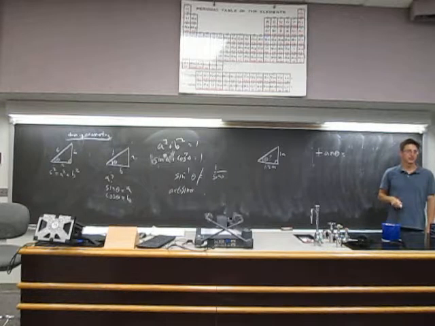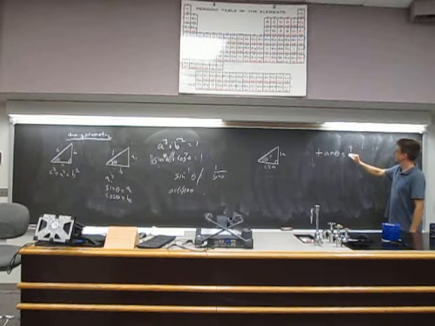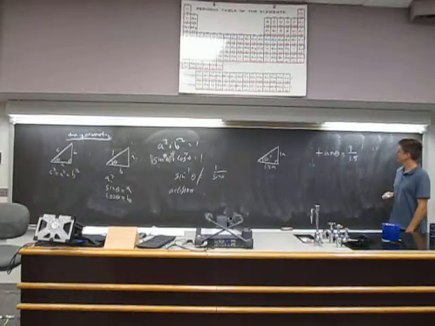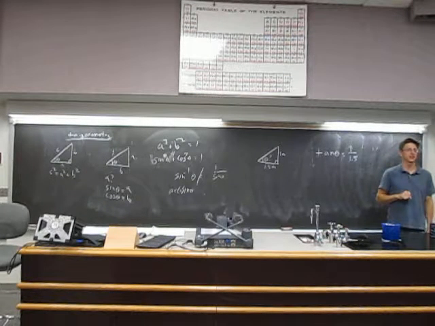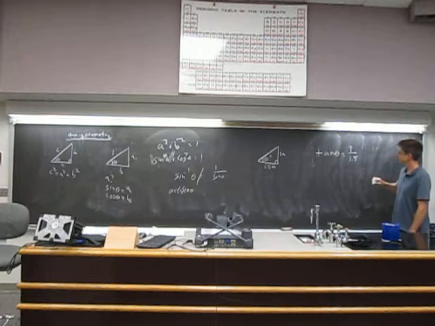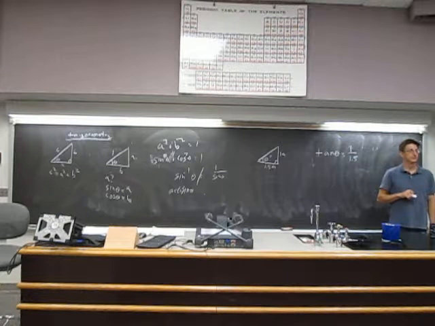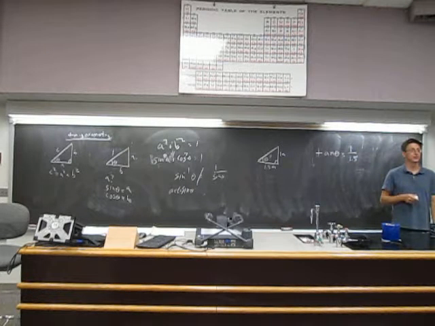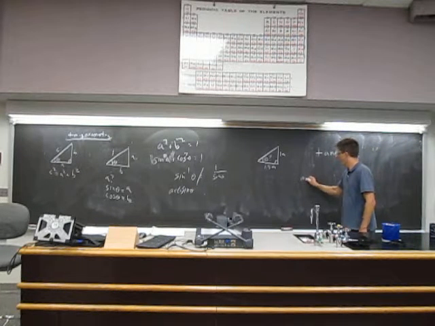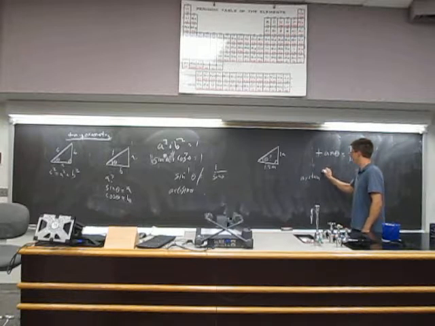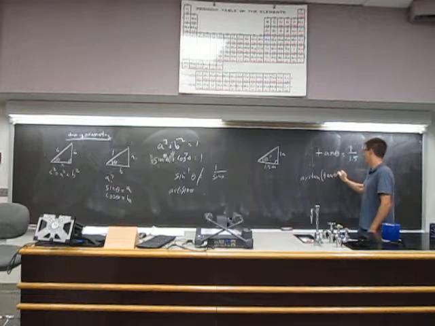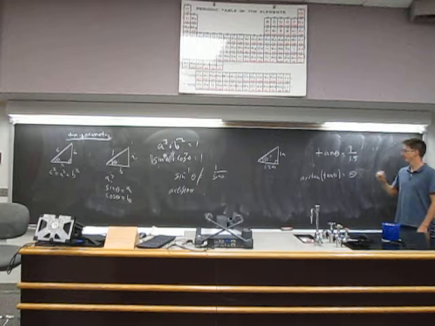Which one's the opposite side? 1. 1 over 1.5, and I just left off the meters because they'll cancel in the ratio. Okay. So now what do I do if I want to get that angle? That's right. You take the inverse or arctangent, and arctangent of tangent of theta is just theta.